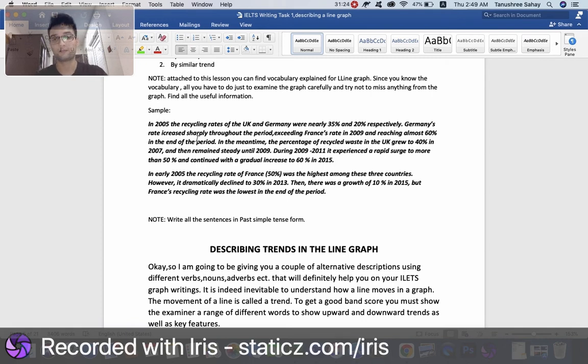Respectively means, in the subject I mentioned the UK first and Germany second. And in the second part I said 35% and 20% respectively, which means the first one goes for the first percentage. UK is 35%, Germany is 20%.